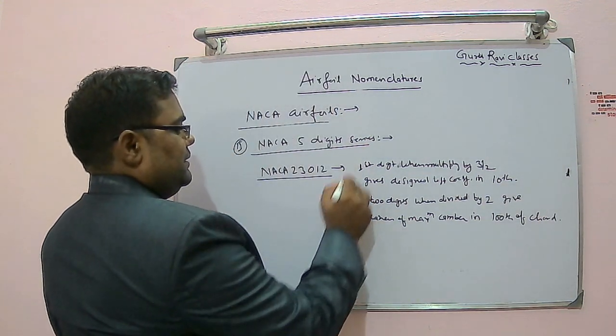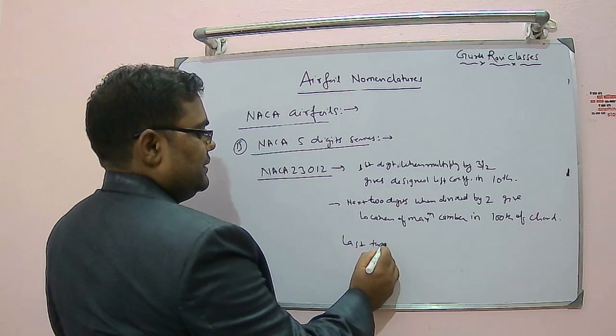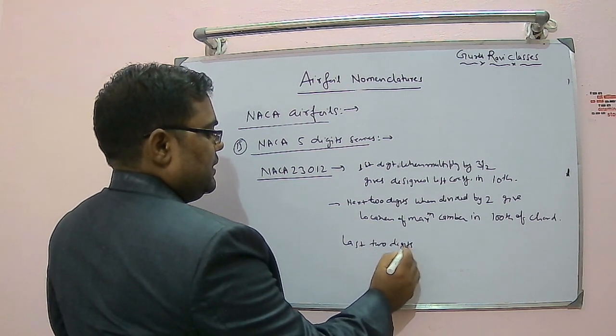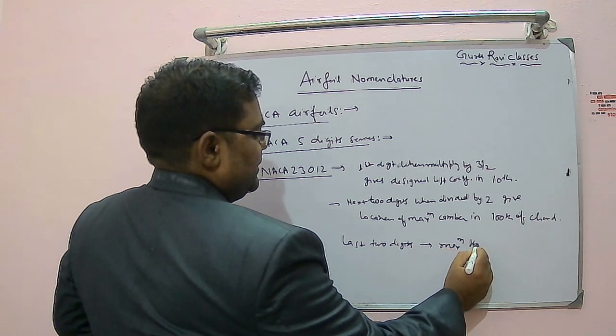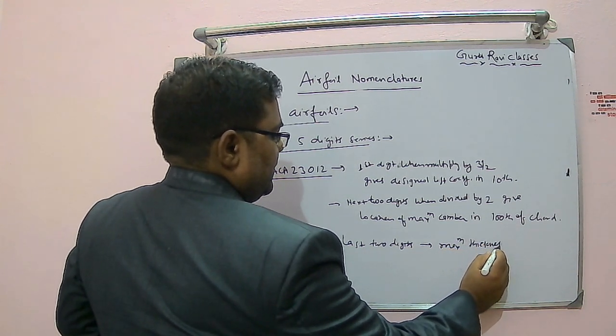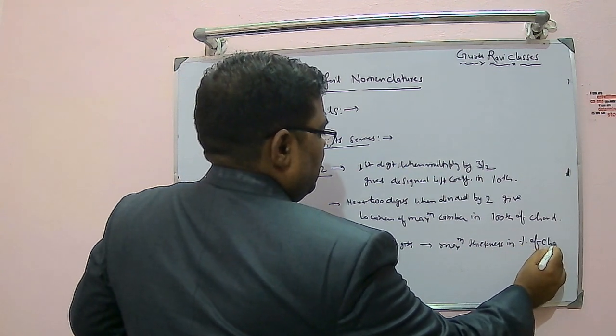So this is the first digit, the next two, and the last two digits show the maximum thickness in percentage of chord, right?